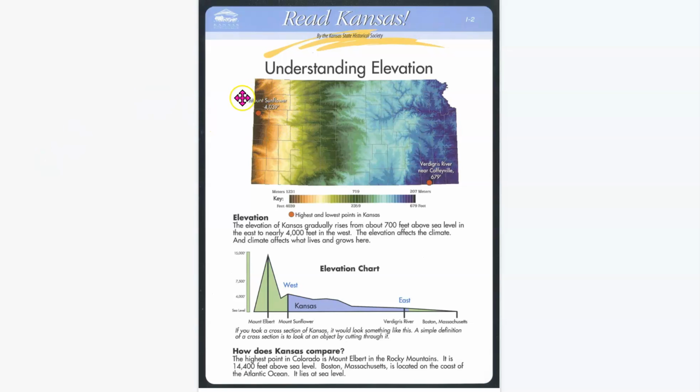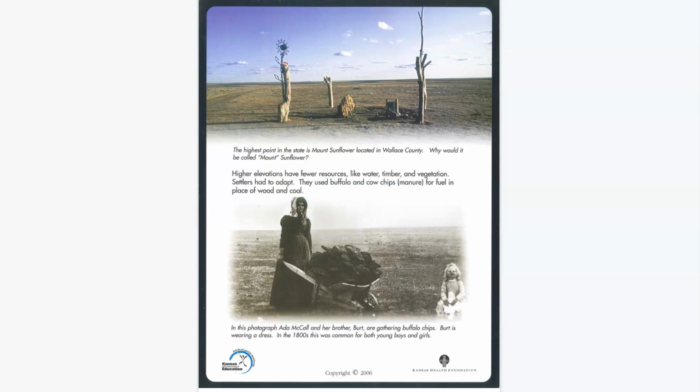So you can see on this map, there's a text feature about our elevation. And you can look at this chart again to see some more information. As I look at our caption, all the things that it tells me, and that our highest point, all of those things as I read through our learning about our elevation in our state of Kansas.